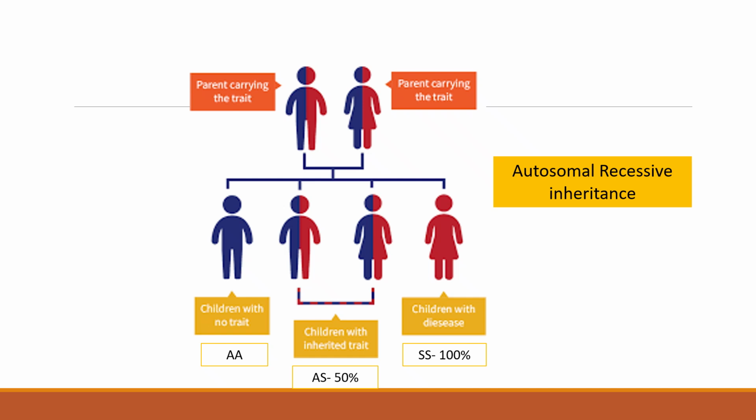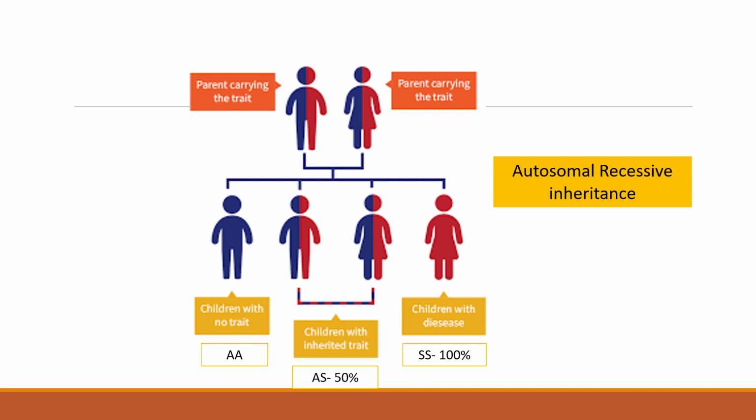All right, so moving on to how this disorder is passed on generation after generation. If we look at a father who has the sickle gene, he has 50% sickle gene and 50% normal hemoglobin, and similarly the mother. So both of them are carriers, and when they bear children, some of their children will have both sickle genes, causing a homozygous disease, what we call sickle cell disease or SS disease.